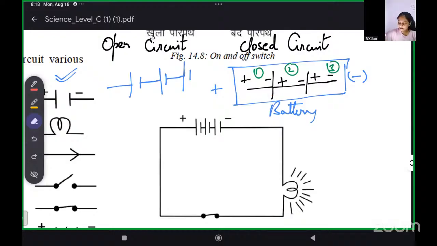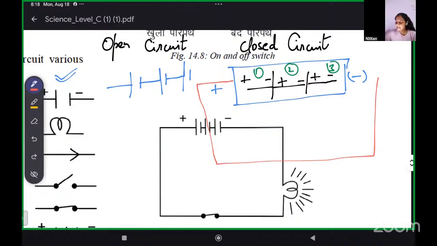If I connect it with a wire like this, and in the wire on one side I add my bulb, and on one side I add a switch, or a push button. So if I close it, how will my current flow?